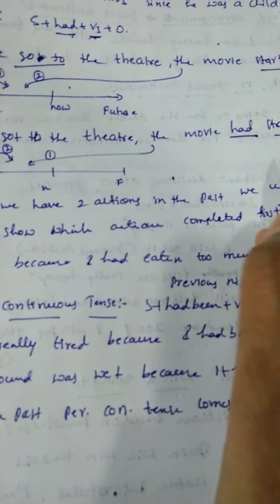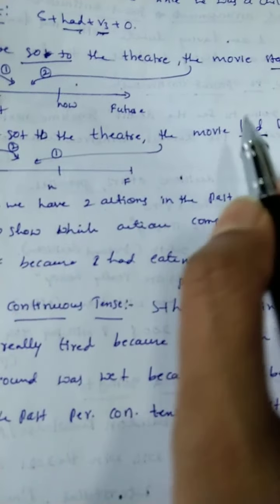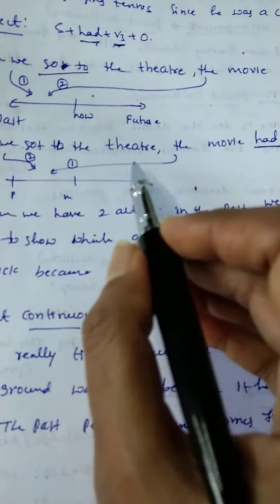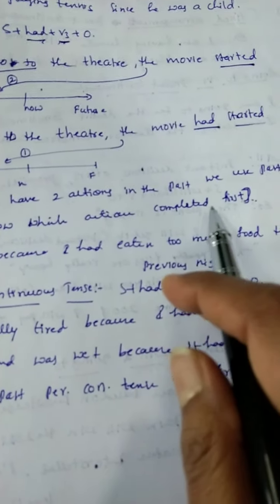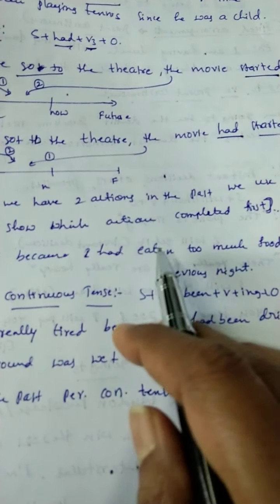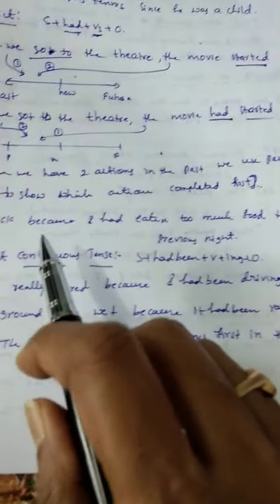So which action came first here? Had started. The movie had started is the first action, then we go to the theater is the next action. When we have two actions in the past, we use past perfect to show which action completed first. Try to understand my words.